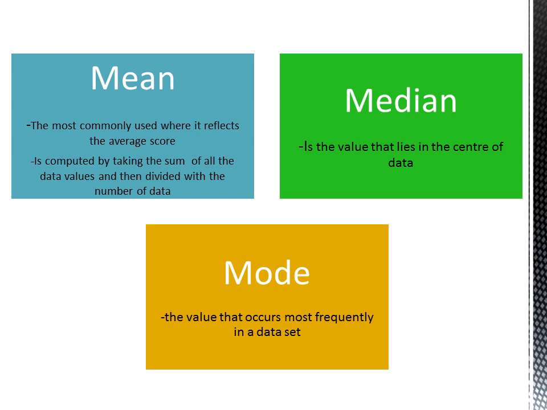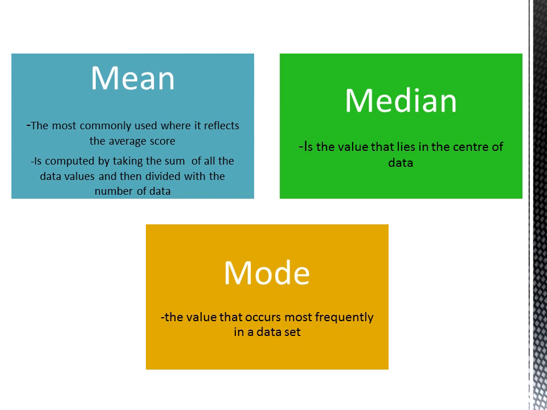How to calculate the mean? It is computed by taking the sum of all the data values and then dividing by the number of data. So theoretically, you add up all the data and then divide by the number of cases, and then you will get the average.